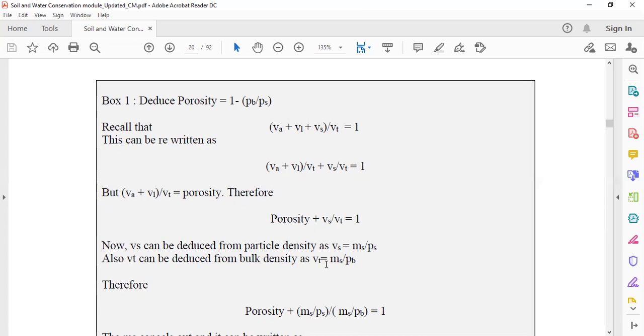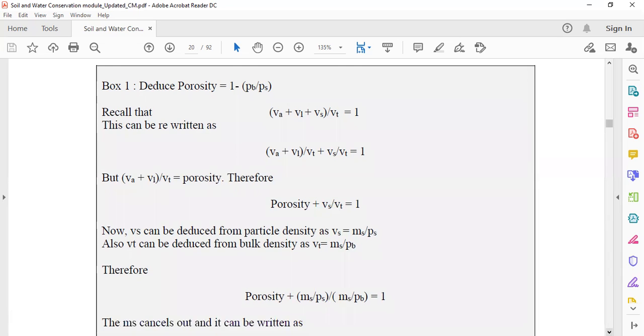So when we replace them in this equation, you find that this mass of soil will cancel out.